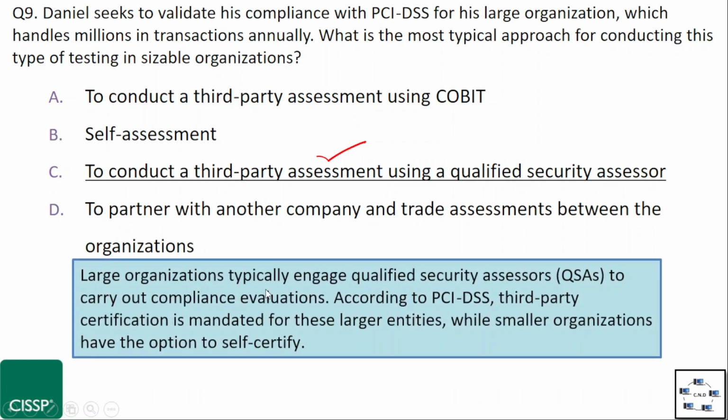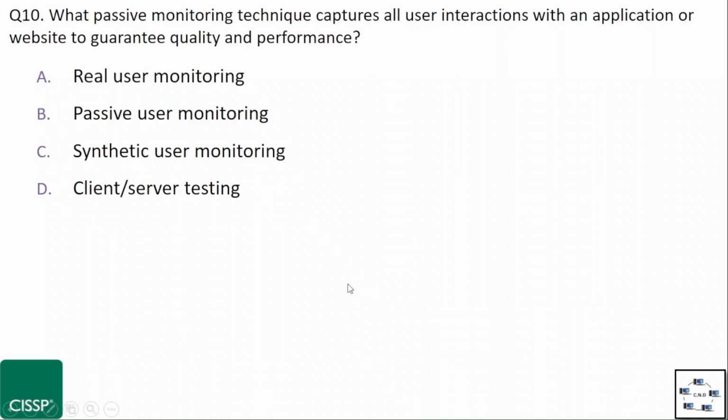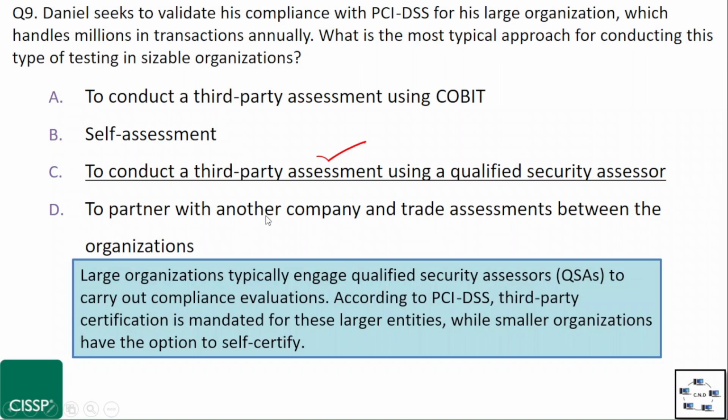So large organizations typically engage qualified security assessors to carry out compliance evaluations. According to PCI DSS, third-party certification is mandated for these large entities, while smaller organizations have the option to self-certify.